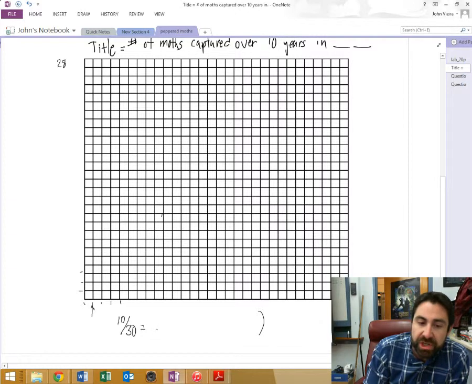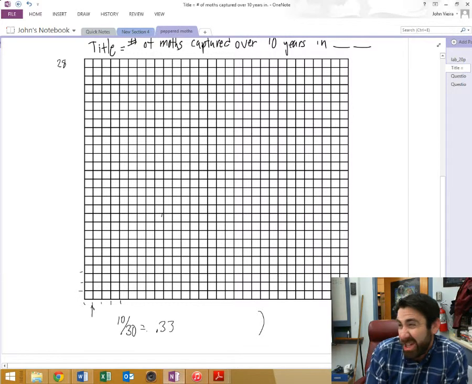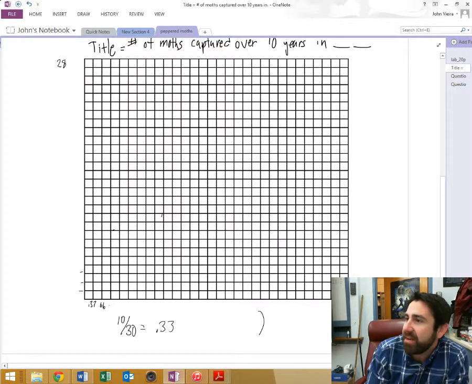So each line should be about 0.33. Now is where common sense kicks in. Should I make each line be worth 0.33, 0.66, and do that? What should I do?